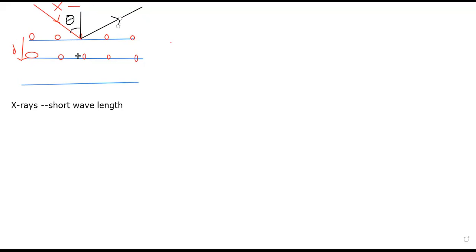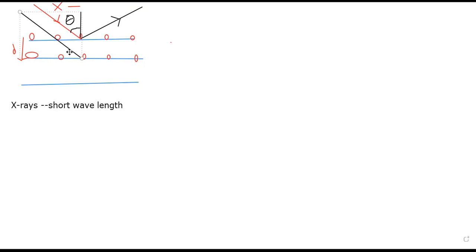Next, we have another plane just below this first plane. These are the adjacent parallel planes here. Now I'll consider another beam which strikes the atom exactly below that atom here.